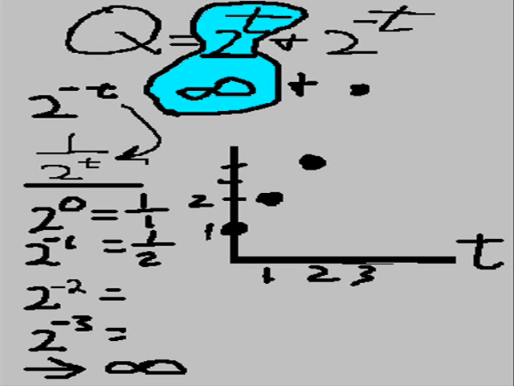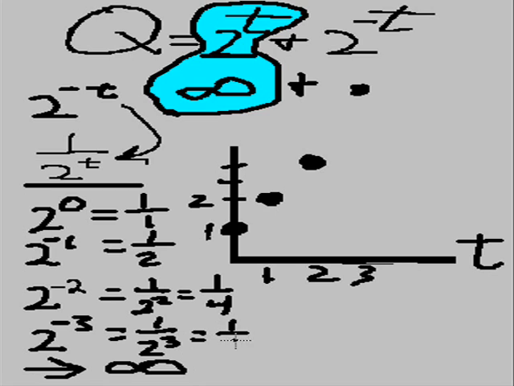2 to the negative 2 is 1 over 2 squared, that's equal to 1 over 4. 2 to the negative 3 is 1 over 2 to the third, and that's equal to 1 over 8.